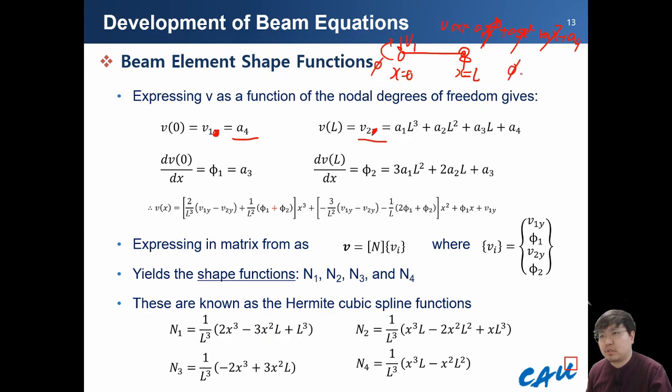In the previous slide we said that theta is equal to dv/dx. At x equal to 0, how can you obtain theta 1? When you differentiate, you get 3a1x square plus 2a2x plus a3, and when you put in 0, the remaining a3 is theta 1. Similarly, theta 2 is equal to 3a1L square plus 2a2L plus a3.